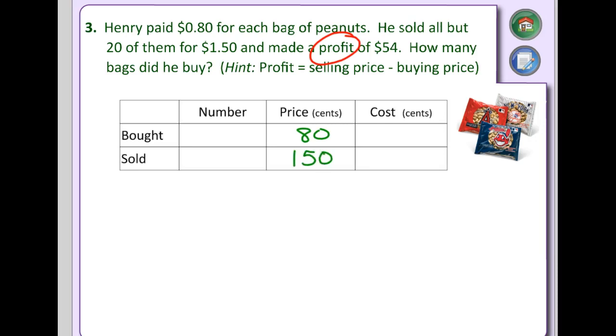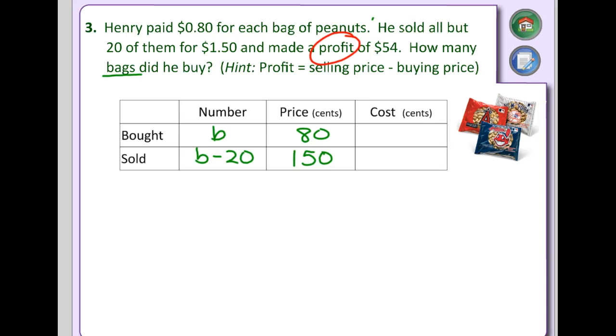I'm going to make that 150. Now, what are we looking for? We're looking for how many bags did he buy, so I'm going to make bought B. Now it says he sold all of them but 20. He sold all but 20, so if he sold all of them but 20, that's going to make that B minus 20. Everybody understand where all my numbers came from?